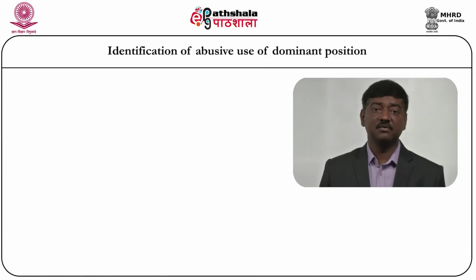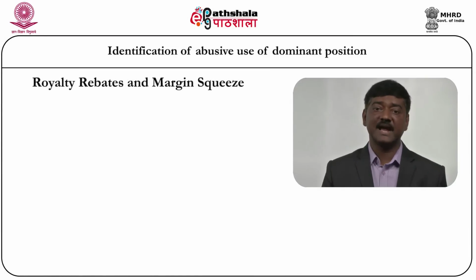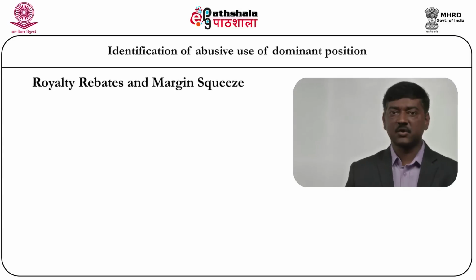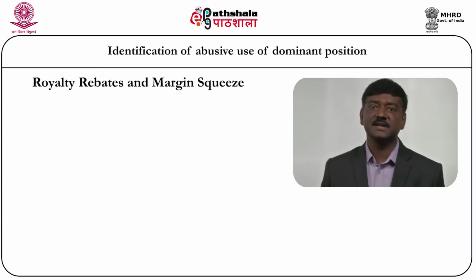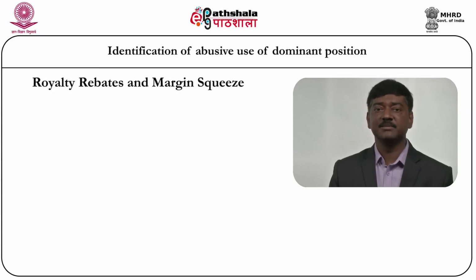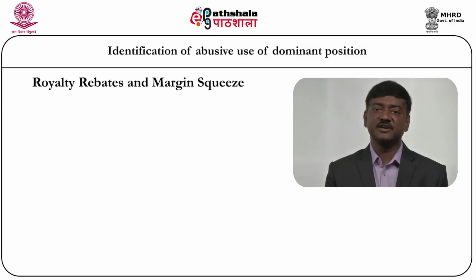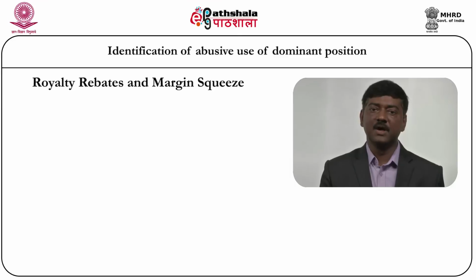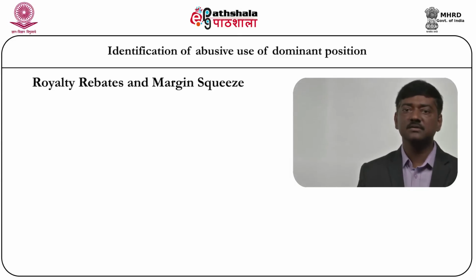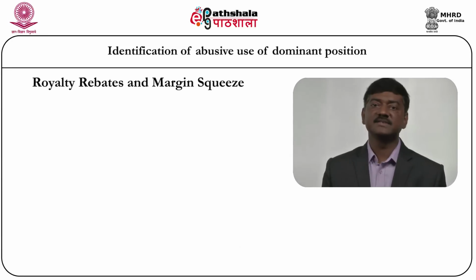Going ahead, we come down to another kind of abuse, which is called royalty rebates and margin squeeze. Now this is a kind of unfair and discriminatory practice, in which what happens is that you differentiate. I have given one example before, that you differentiate between your own supplier and the other suppliers.